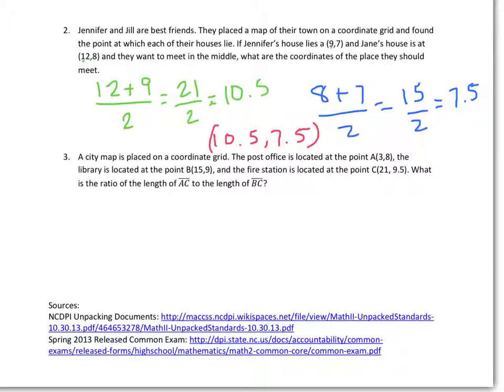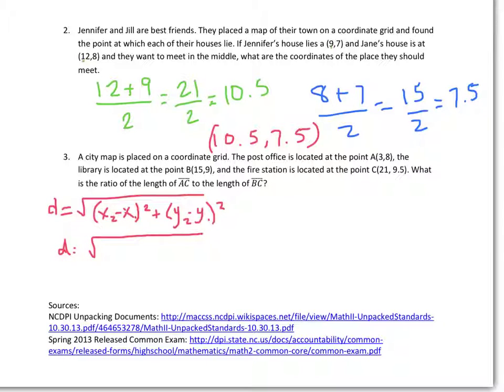Alright, well, let's find these lengths. Let's start off with AC. So to find AC, we need the distance formula. So distance equals the square root of, we have to subtract our x's, and our y's. Okay, so when we're subtracting our x's, if we are finding first AC, then our x's are 3 and 21.